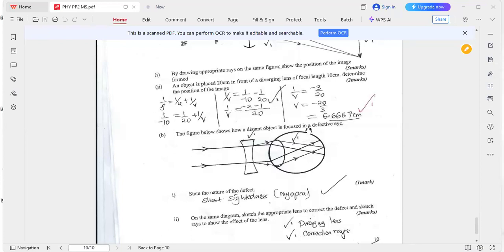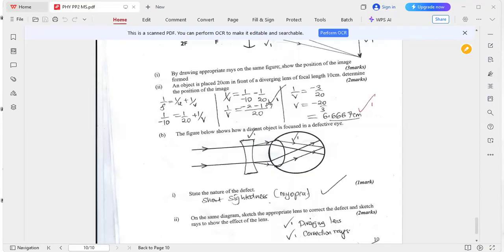Number two, focal length of a diverging lens. A diverging lens is as drawn here below, or it's called a concave lens. Focal length of a concave lens is also negative.